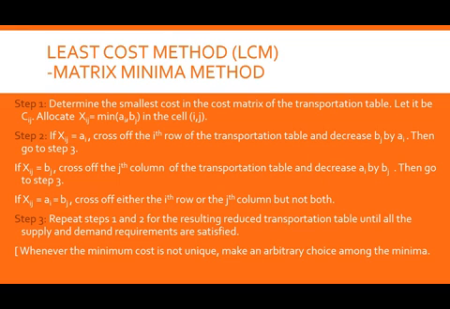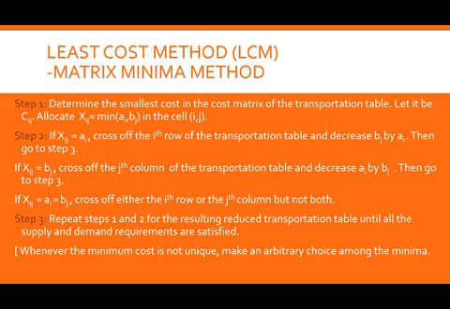If supply and demand were both equal, what to do? In some in-between step, the row and the column, that is the supply and the demand, were both equal. If Xij is equal to Ai and equal to Bj, cross off either the ith row or the jth column, but don't cross off both.